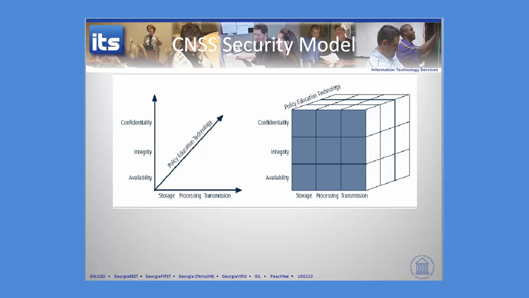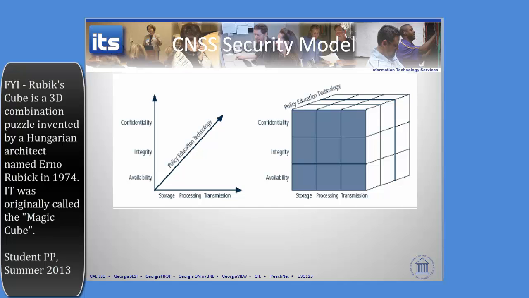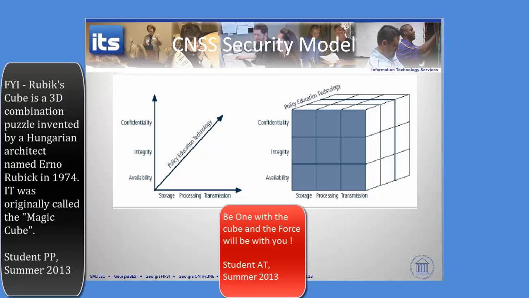For those of you who are too old to really be taking this class, I'm just joking. For those of you who remember a Rubik's Cube, how about, that's more politically correct. For those of you who remember a Rubik's Cube, we've got a cube now of this particular model with policy, education, and technology, confidentiality, integrity, availability, storage, processing, transmission.